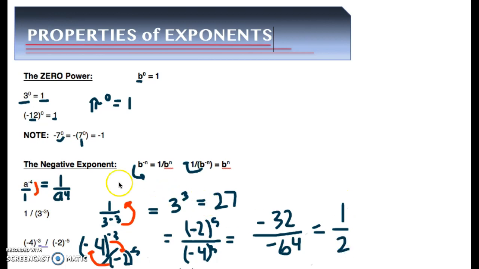So again, just a reminder, when you see a negative exponent here, you do not change your answer to negative. It has nothing to do with whether the answer is positive or negative. What it does is it tells you whether you're moving it to the numerator or the denominator. It has to do with flipping the fraction.